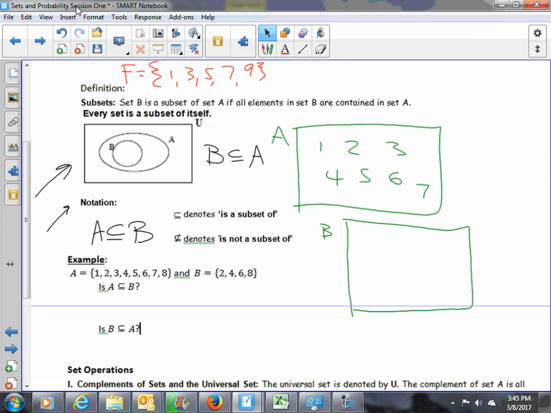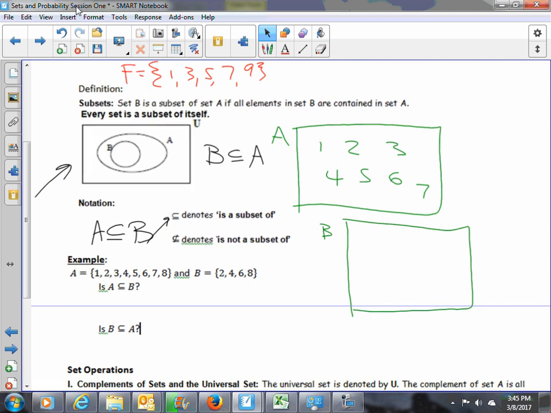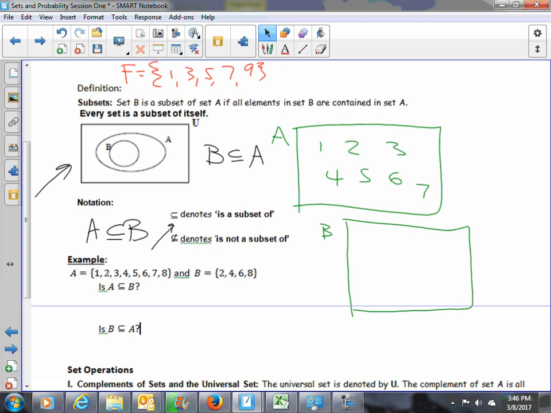Now, the symbol for subset, notice it's rounded. It looks an awful lot like a less than or equal to symbol, but it's not pointed, it's rounded.